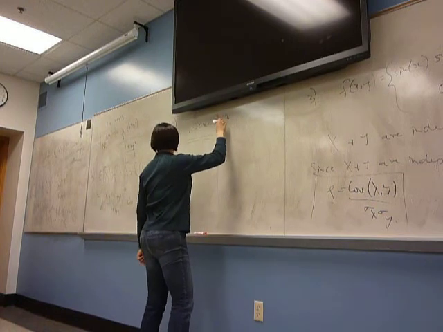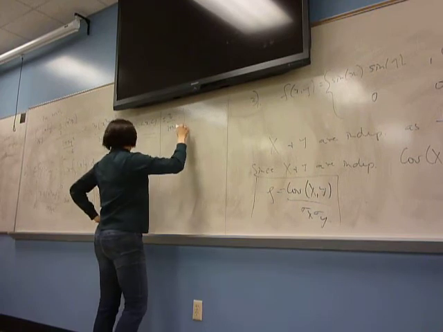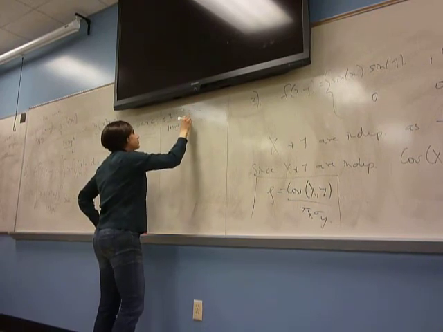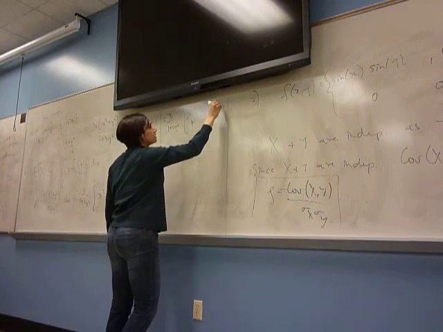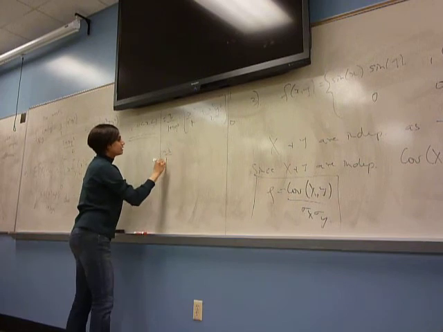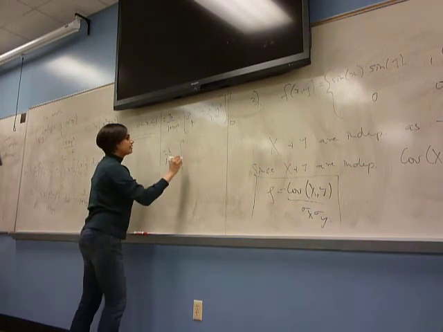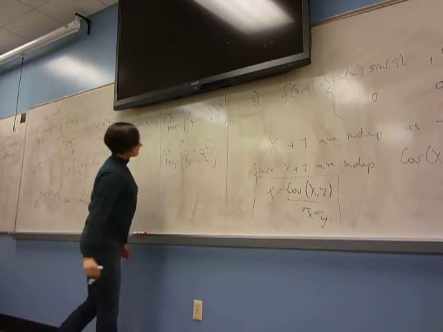This equals 3 over 1 plus 3y squared, integrating, x to the fourth over 4 plus x squared over 2 times y squared. And you can see 3 over 1 plus 3y squared times 1/4 plus y squared over 2.